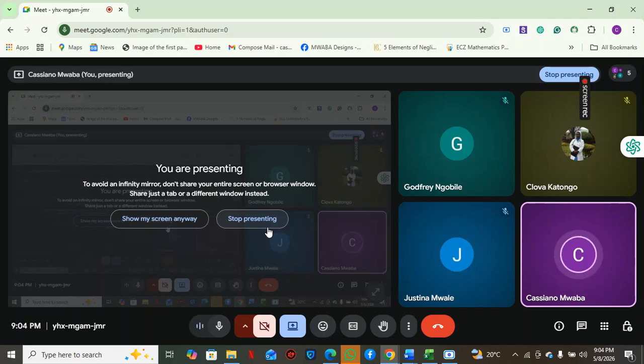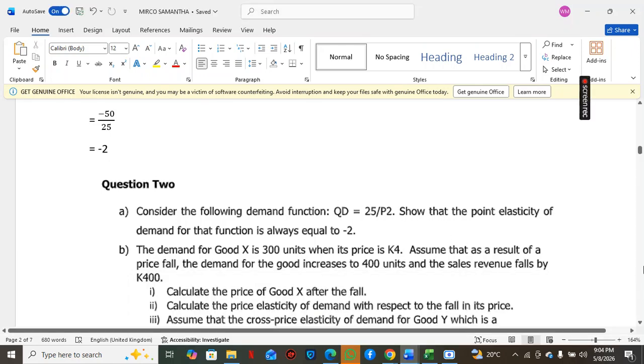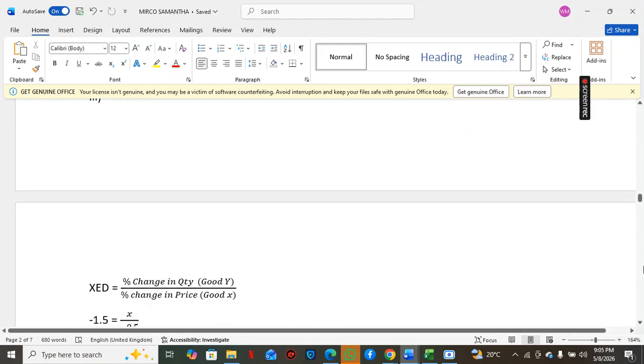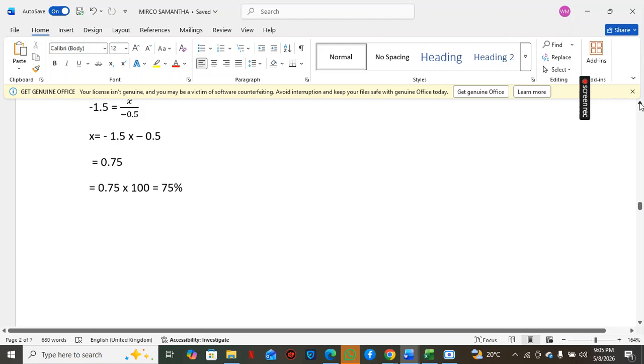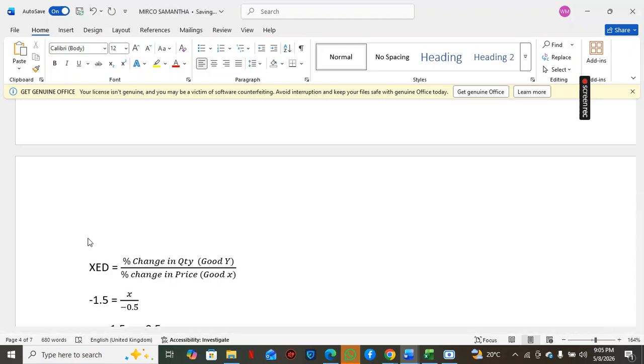So whenever you're cross pricing, this is what you need to remember. Cross price elasticity of demand, XED. If it's negative, goods are complementary.